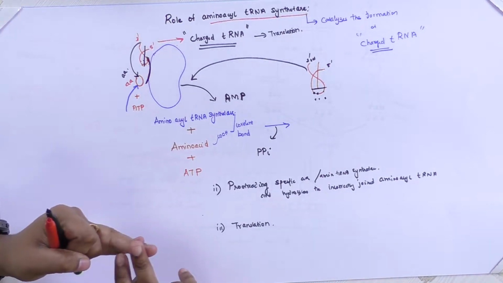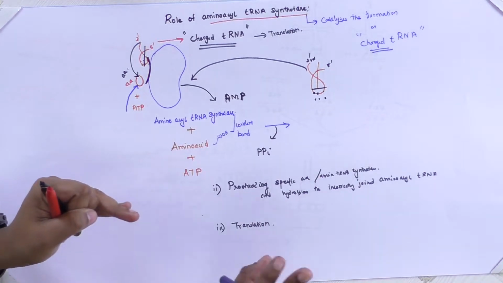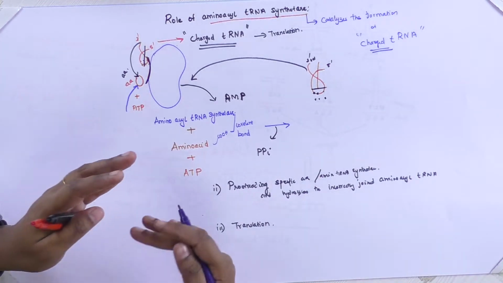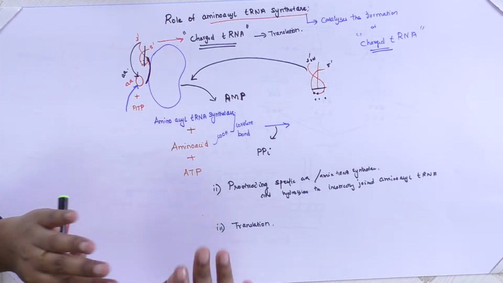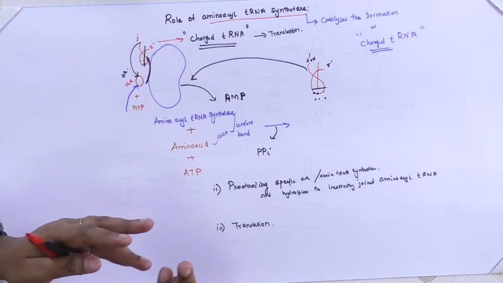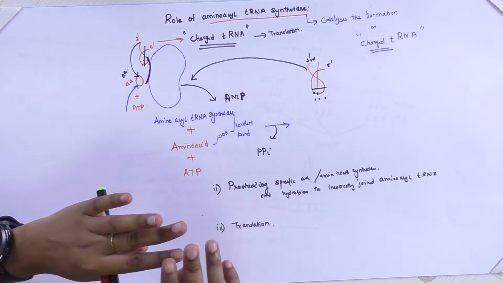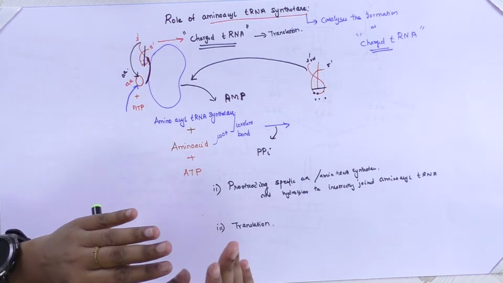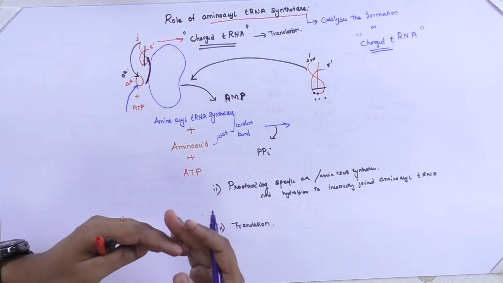And if there is an incorrectly joined tRNA molecule, it will hydrolyze it, that means it removes the incorrectly joined amino acid tRNA from the binding site. So the major function of amino acid tRNA synthetase is catalyzing the formation of charged tRNA, which can be further used for the translation process.